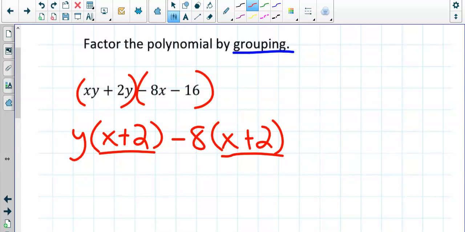And if you verify this, what's -8 times 2? -16. See, look, you went right back to what you had. So you can think about it as a GCF, or you can write these two parentheses that repeat and think to yourself, what times x brings me right back to what I had a moment ago. Yes, these two parentheses have to match. If they don't, then you don't need to be doing grouping.